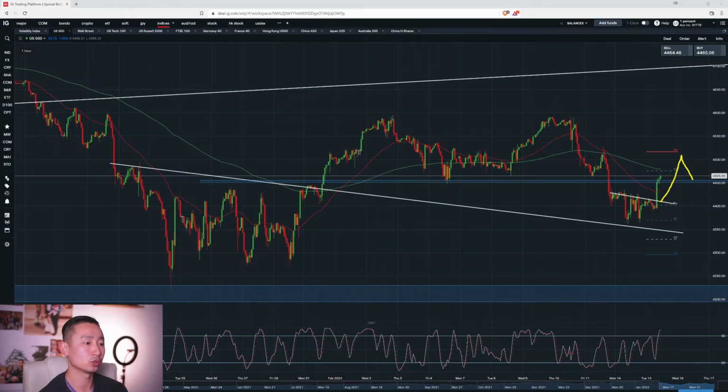Because this has a lot more interaction in here, here, and also here, just basically like my blue box area. So that could be another option. Maybe if price continues to break higher, then I'll catch it slightly higher, so the next higher low, if it spikes down to this area, then I will look to go long on S&P 500.